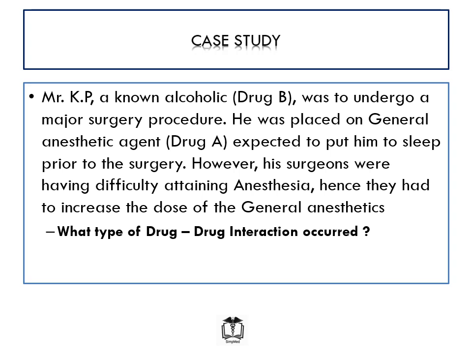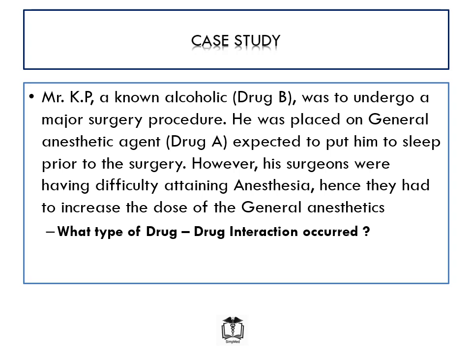If you pay careful attention to this case study, we have two major concurrently used drugs. The first is alcohol. He is a chronic alcoholic, so he is consistently on alcohol, which is the first drug, and then he is placed on a general anesthetic agent, which is the second drug. What we can deduce from this case study is that the second drug, the general anesthetic agent, had failed therapeutically.